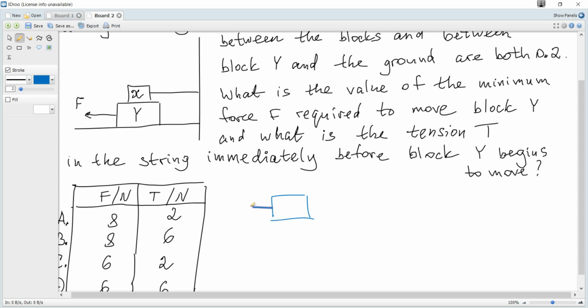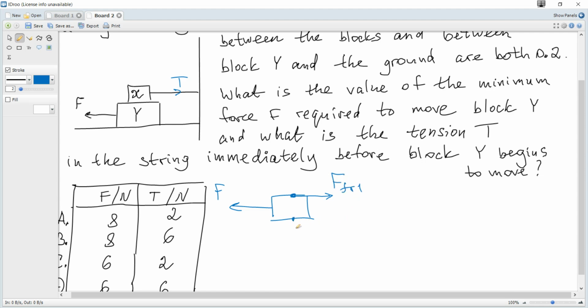So what forces are applied on Y? It's F. And notice that tension is applied on X, not Y. Then there is some friction between X and Y. X tends to move to the left, Y opposes, so friction between X and Y and on Y is to the right. So let it be F frictional 1.